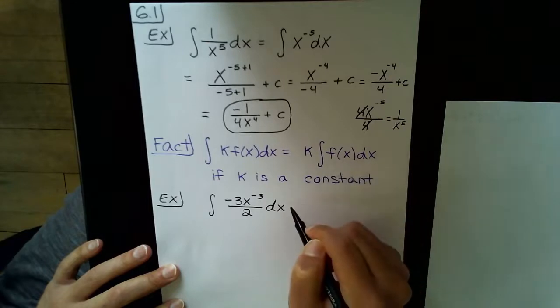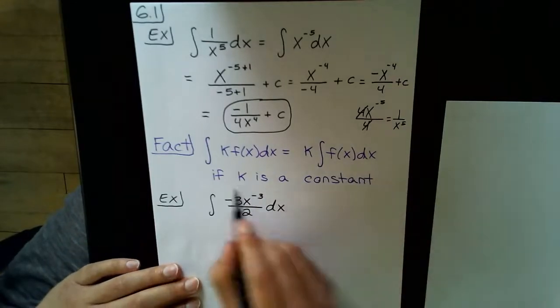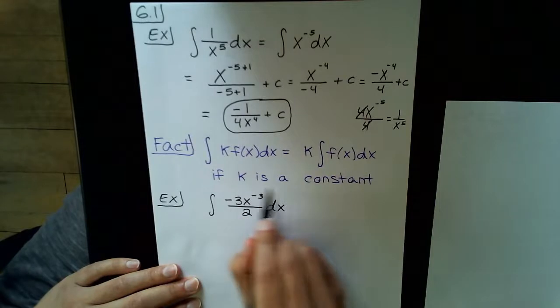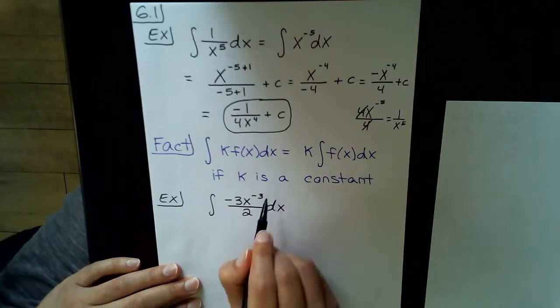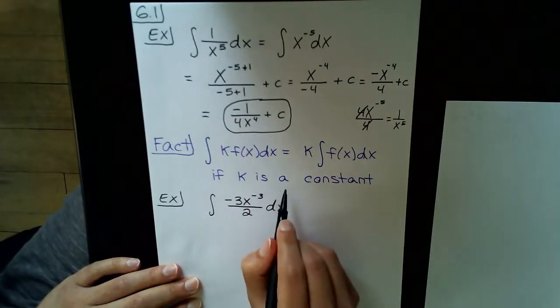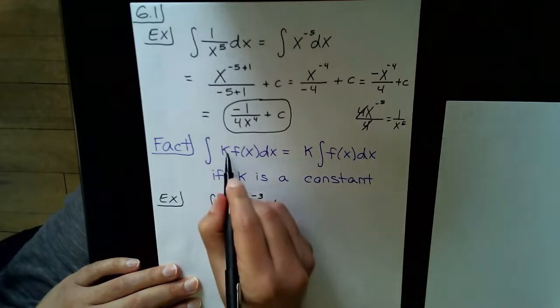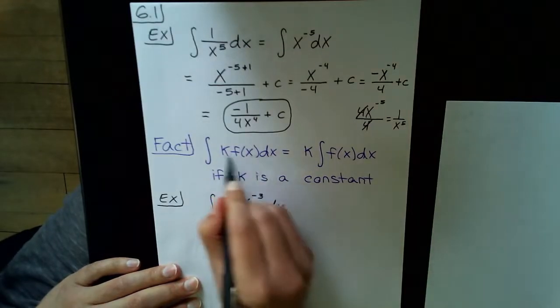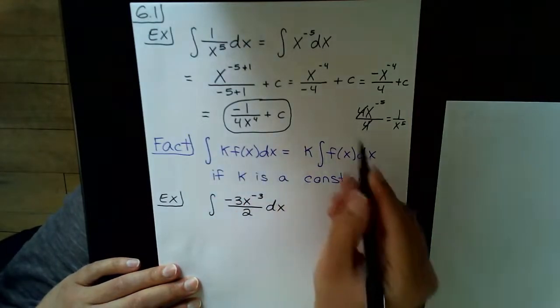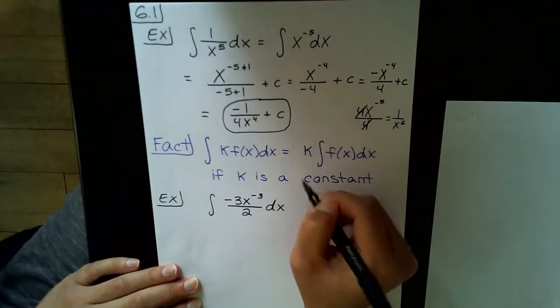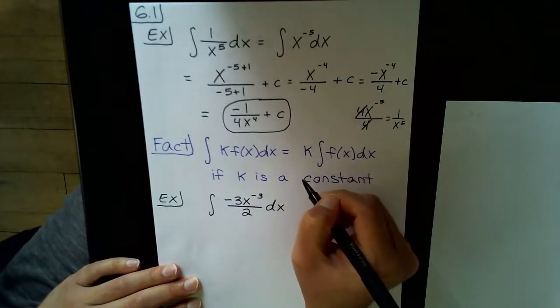f of x dx. In other words, if you have a constant, k has to be a constant. It cannot be an x or a variable or anything like that. If you have a constant being multiplied inside of your integral, it is always okay to multiply it to the outside of the integral.